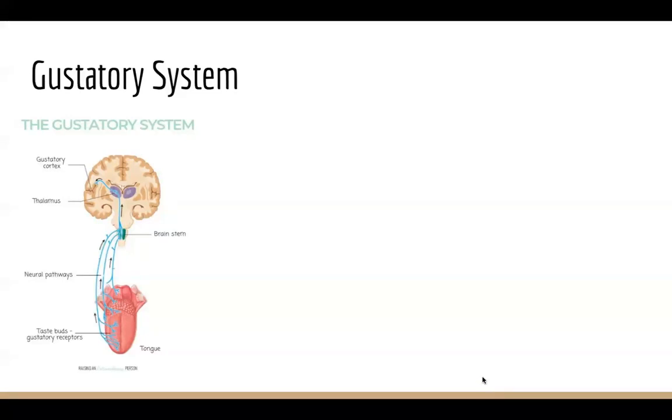So sorry, I don't know where all the annotations went, but the nerves that are associated with the sensory gustatory information are your cranial nerves, which are your facial nerve, which is your 7th nerve.